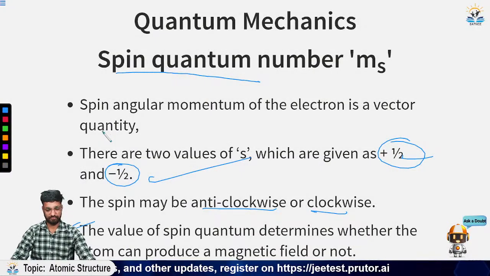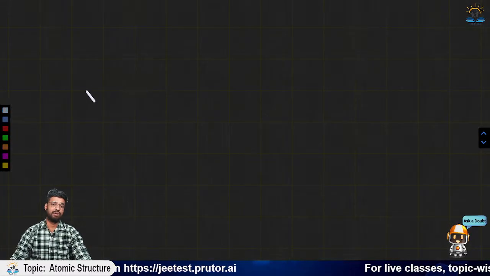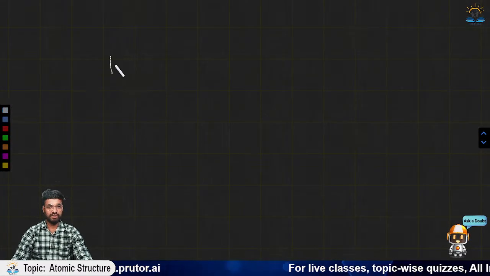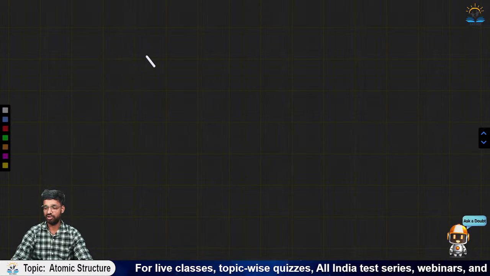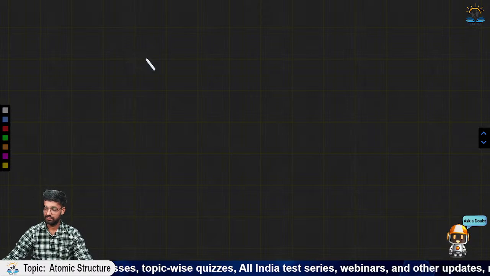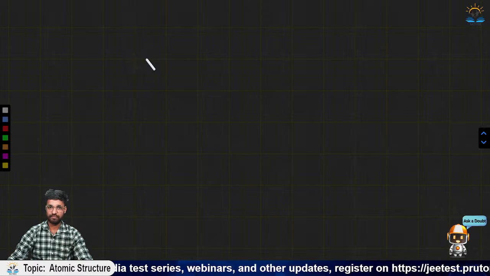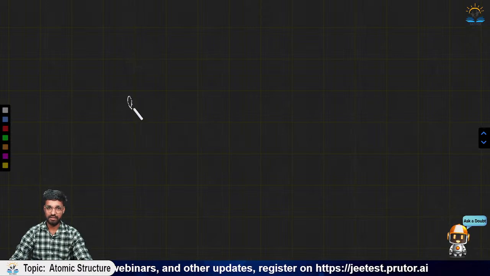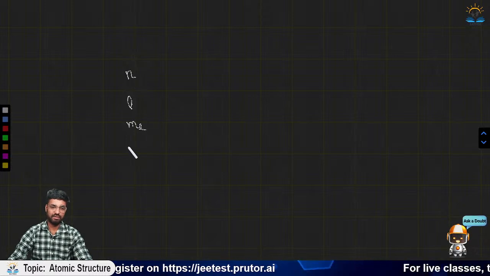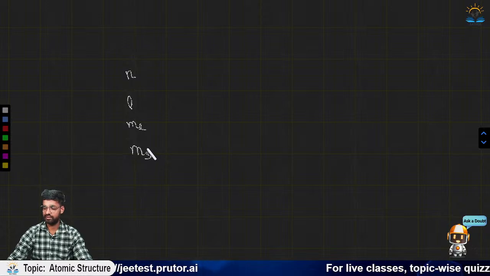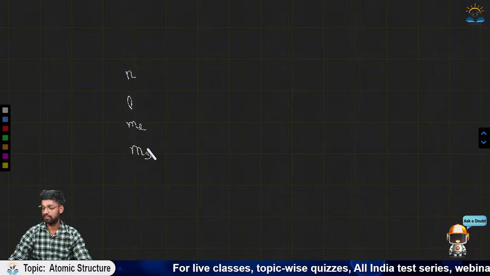Now, before moving to this question, let me make some things clear. I am giving you a formula chart here, an easier formula chart to remember things. This is the n, this is the L, this is the ml, and this is the ms, the spin quantum number.